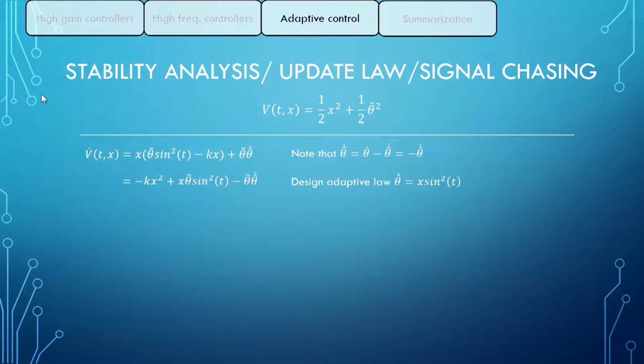Now you can design the adaptive law by this. The reason to design this is that this term can cancel out this term. You substitute theta hat dot from here into here, and these two terms will be cancelled.